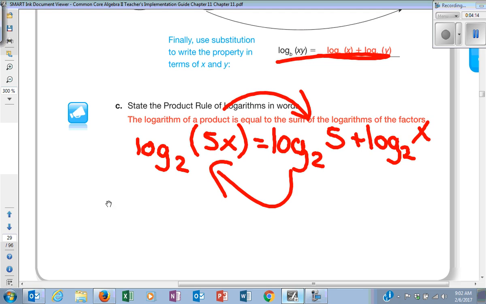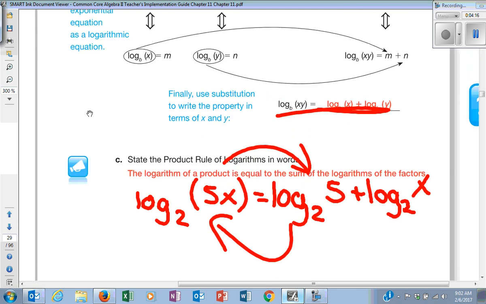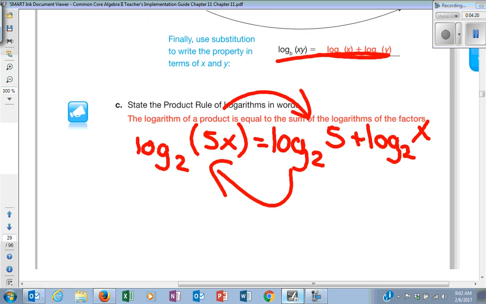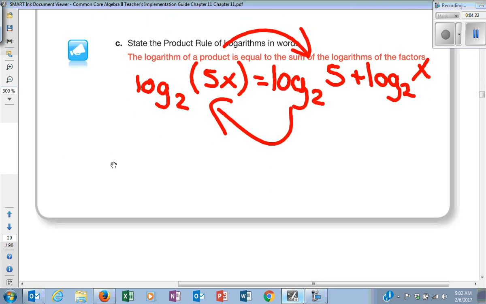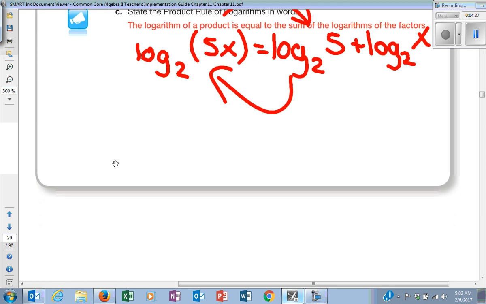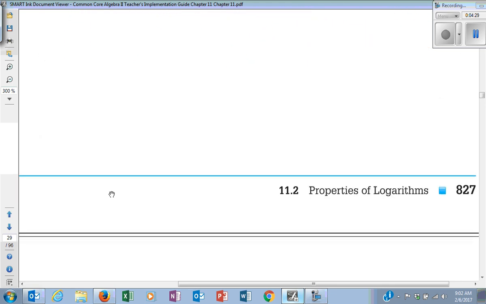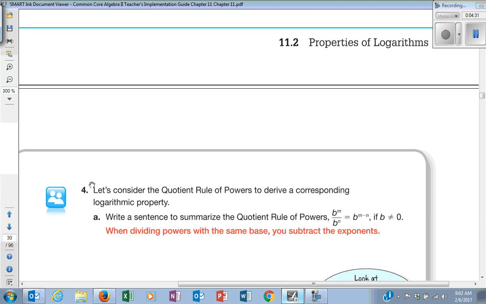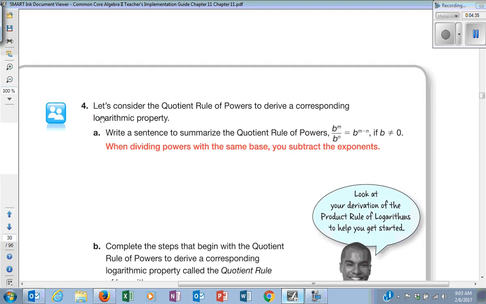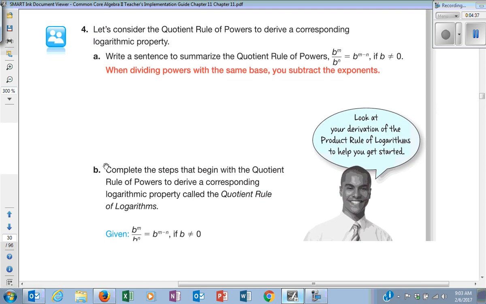So that is called the product rule. We need to make sure we remember that. Again, like I've said, we're going to use this more later on in this chapter. Right now, we're just setting the ground rules so we understand how we can manipulate these things. Remember in math class, always changing the way things look, not changing their value. And here's some of the ways that we can change the way some logarithms look.